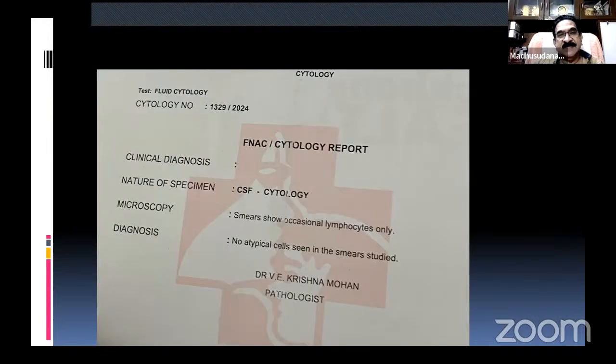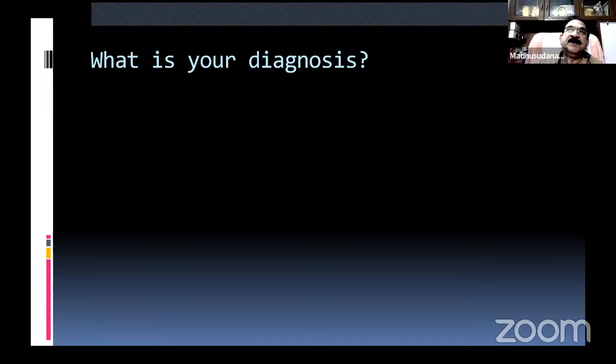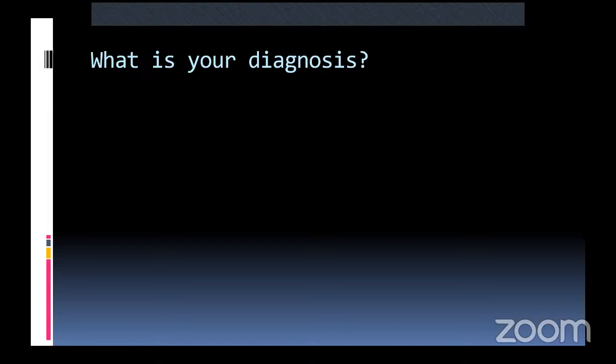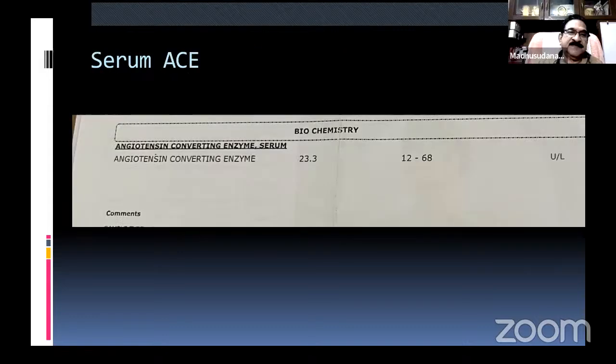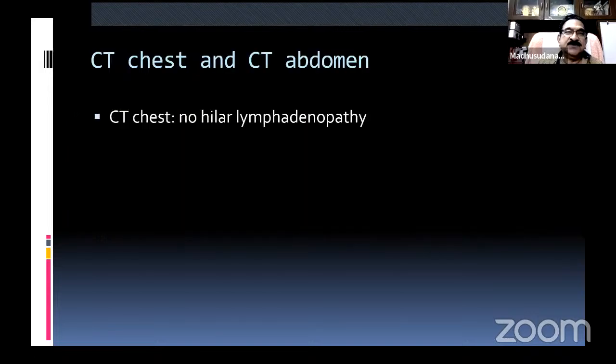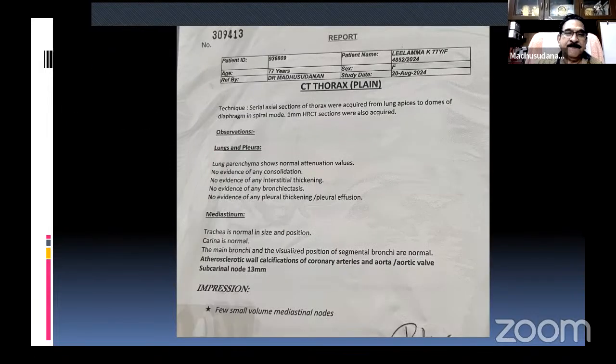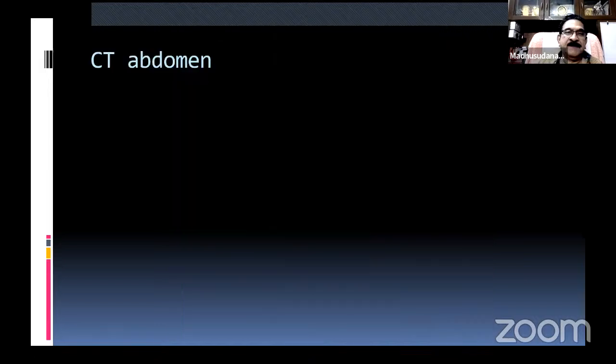Cytology for malignant cells negative. So what do you want now? Sarcoid? Yes, sir. Okay. ACE level normal. CT chest shows no hilar lymphadenopathy. What do you want now?